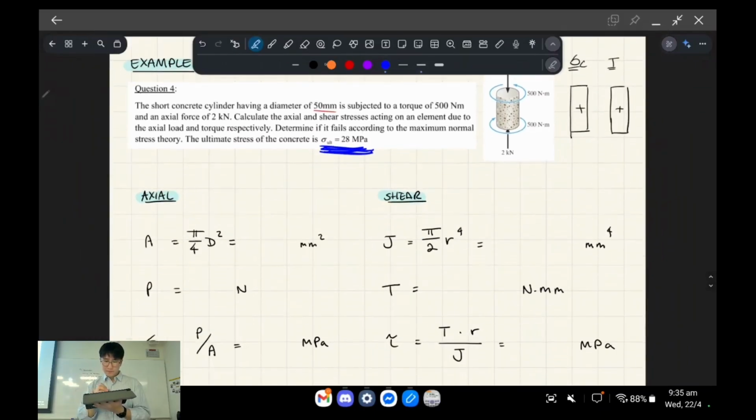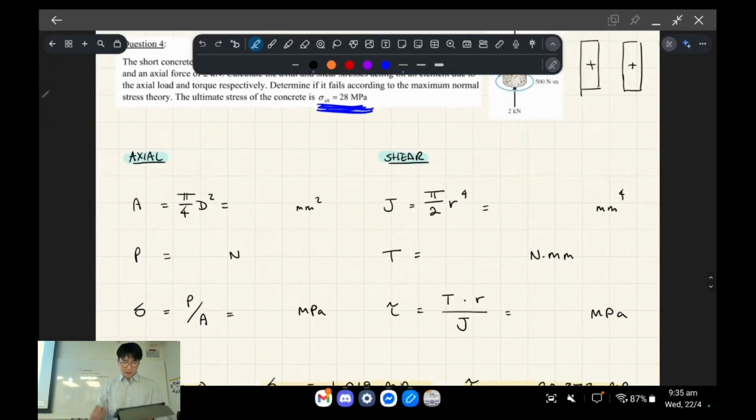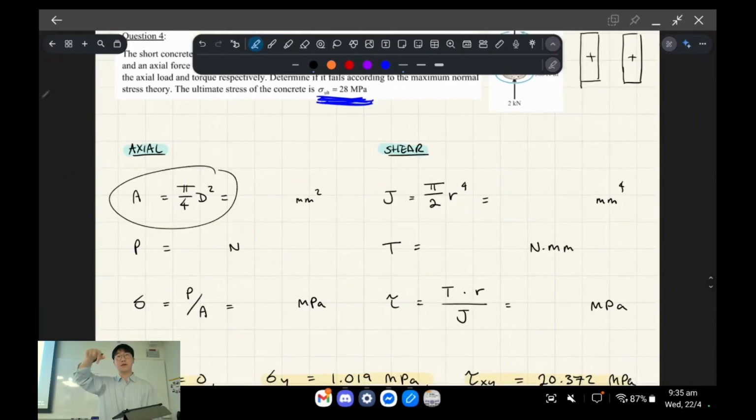So here you can start to see the parallels behind what we learned, I guess, last week in terms of torsional shear, okay, and axial stress, okay. So we know that axial forces are a function of the area, right? Since it's a circular area, we use the area of a circle formula.